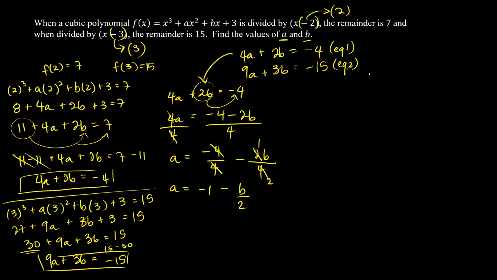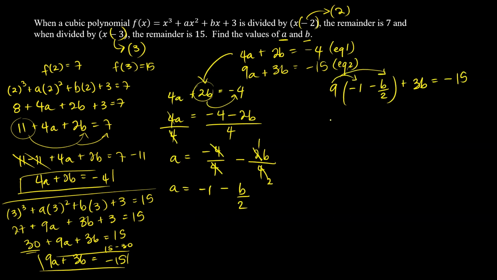So I'll take equation 2, 9A, and because A is equal to minus 1 minus b over 2, I'll put that there, plus 3b is equal to negative 15, and we'll work from there. So distribute the brackets.